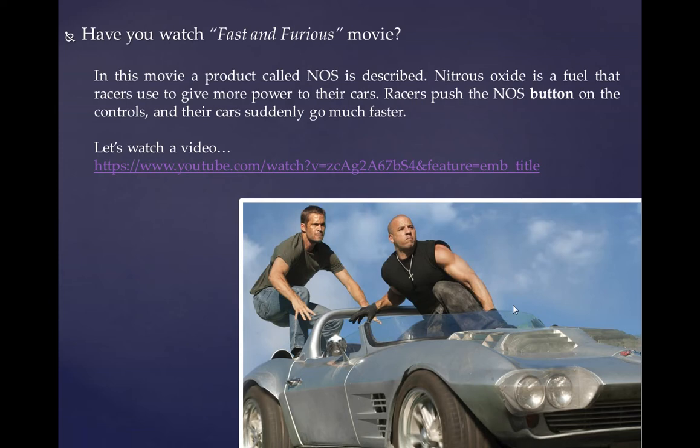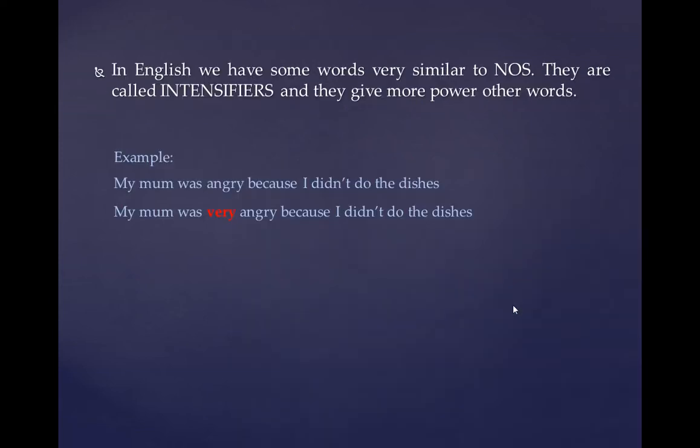Well, let's continue. In English, we have some words very similar to NOS. They are called intensifiers, and they give more power to other words. Example, my mom was angry because I didn't do the dishes. That's a simple sentence.